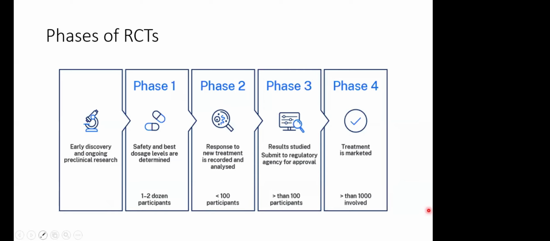This is where the idea for a new treatment begins, often from basic science. So just identifying potential targets or compounds. And then in vitro studies are usually done. So these are experiments that are done in test tubes, petri dishes, or cell cultures to understand mechanisms, say, of action of a drug and its potential effects.